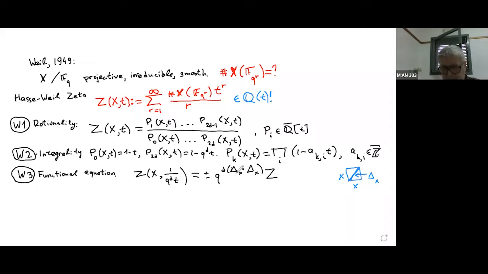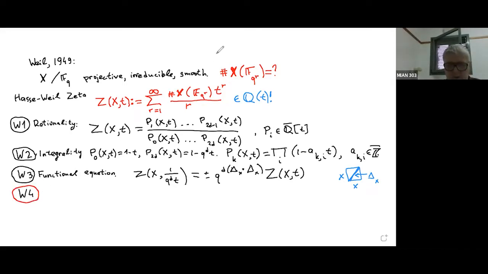It is just a coefficient for the functional equation. Now, the fourth one is the most important and is covered exactly by my previous comments.